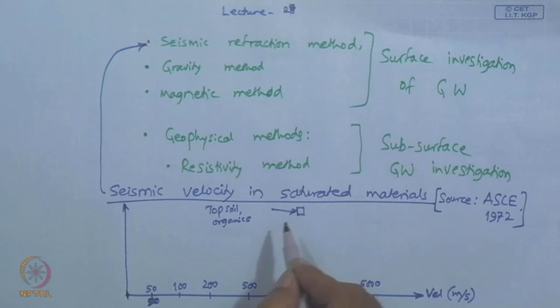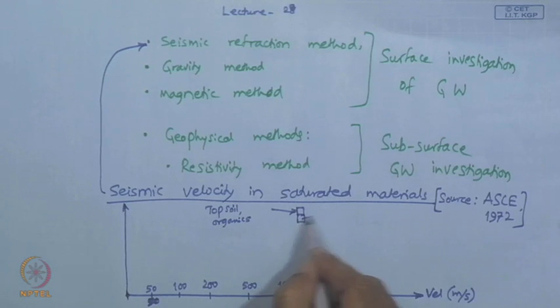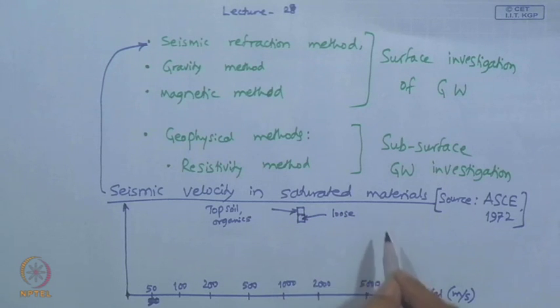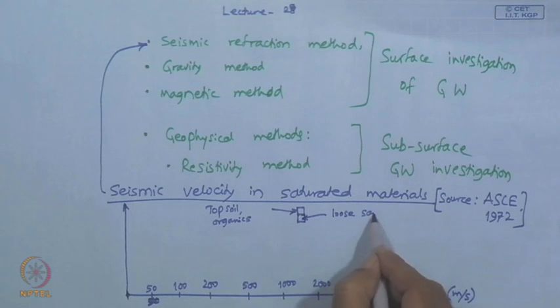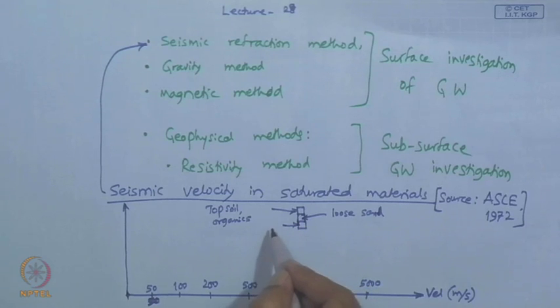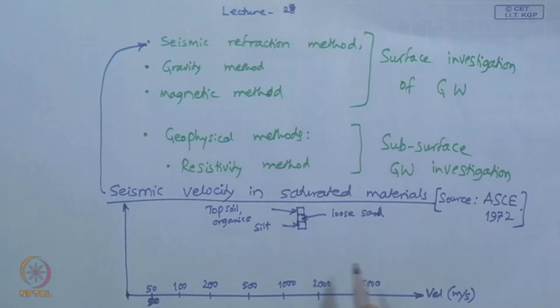Then followed by loose sand, so this also will have the same range of seismic velocities, greater than 100 and less than 2000. Then silt, also the same range, followed by gravel. So, we are talking of saturated materials.